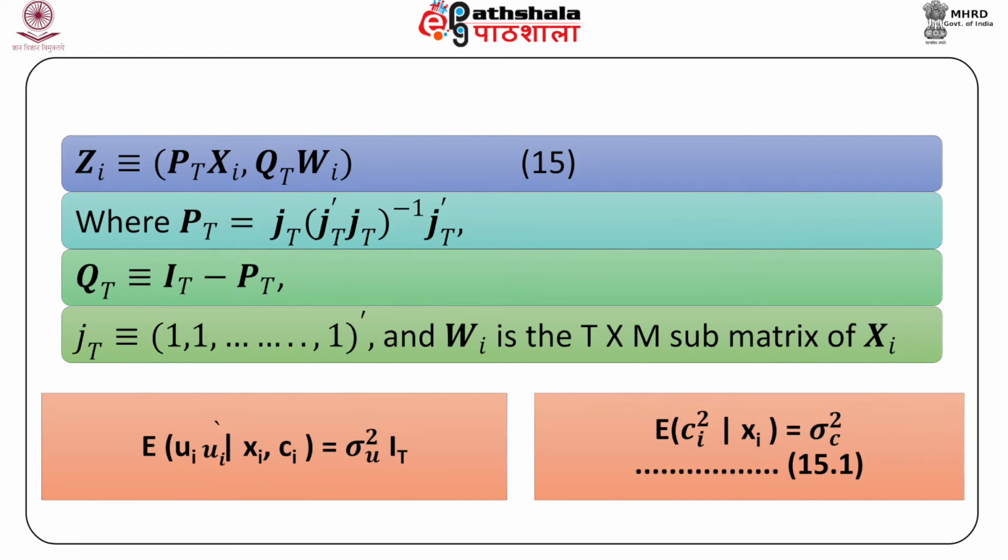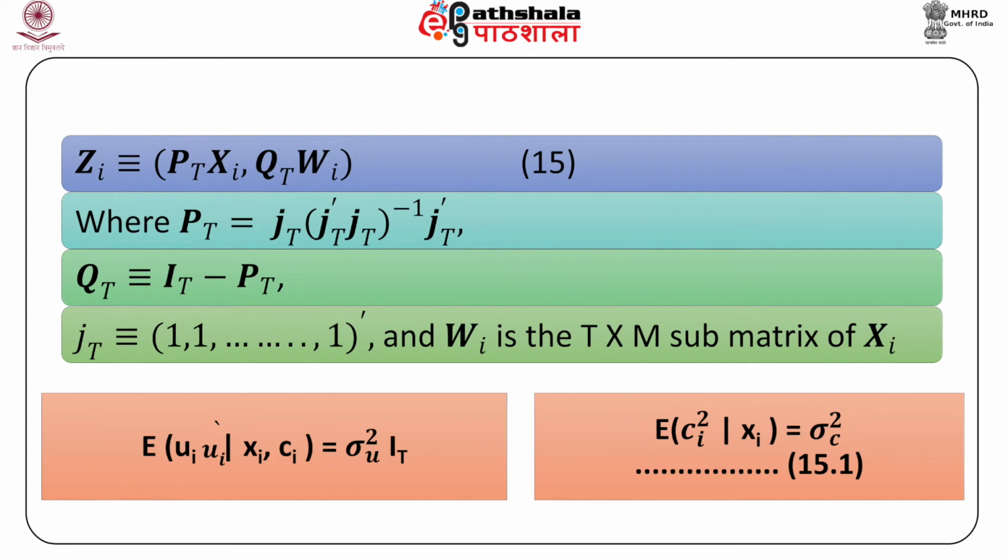Second, it provides a way to obtain a more efficient estimator when assumption (a), expected value of u_i u_i' given x_i and c_i is equal to sigma_u squared I_T, and assumption (b), expected value of c_i squared given x_i, which is equal to sigma_c squared, fail.